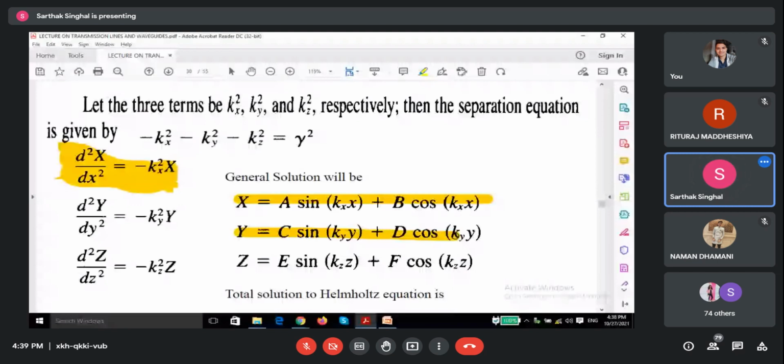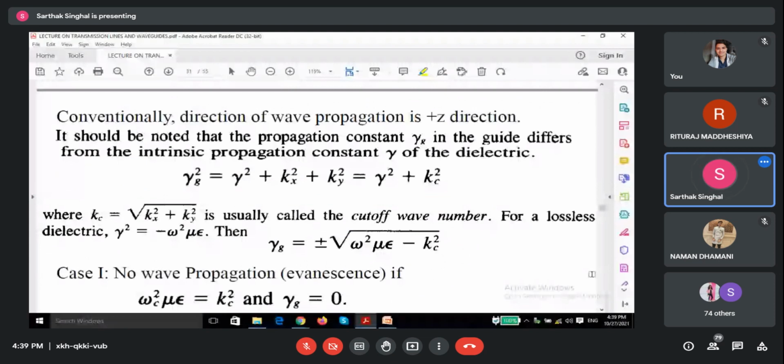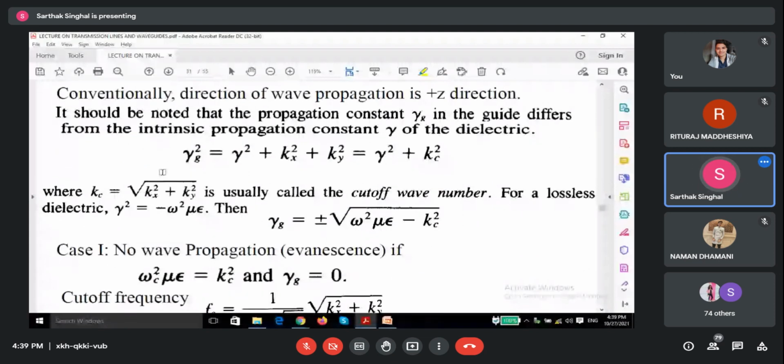Now we consider this like so: gamma g square, where gamma g is the propagation constant in the z direction, is equal to gamma square plus kx square plus ky square.